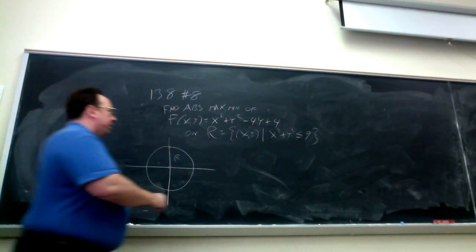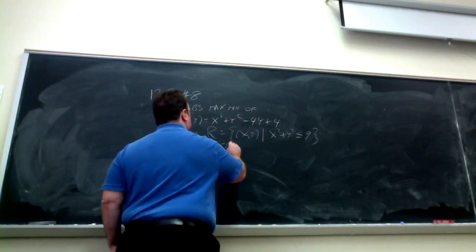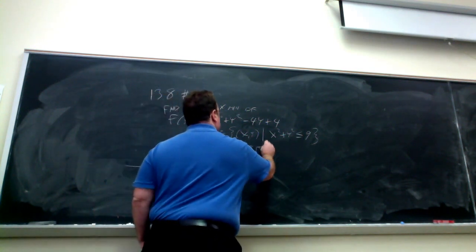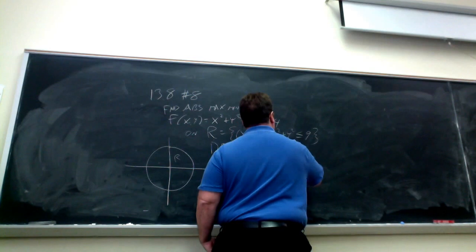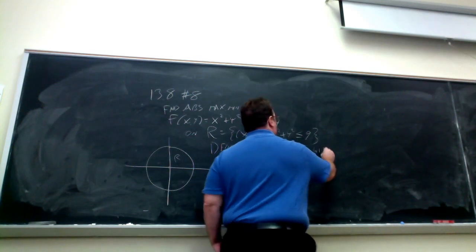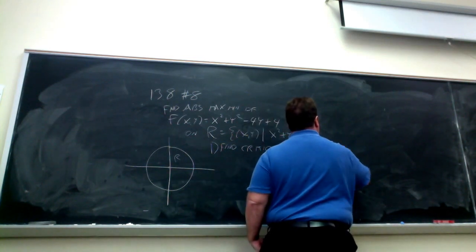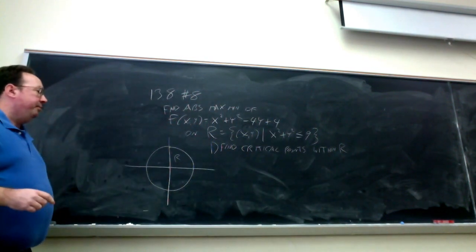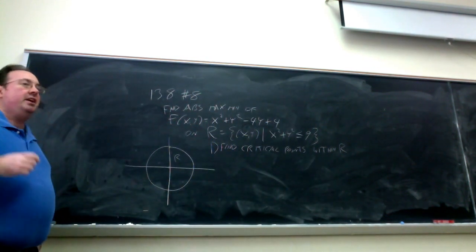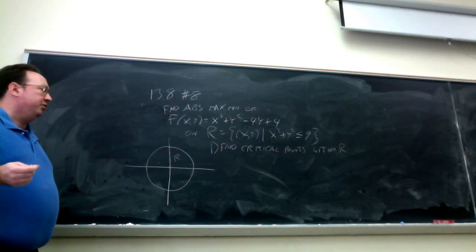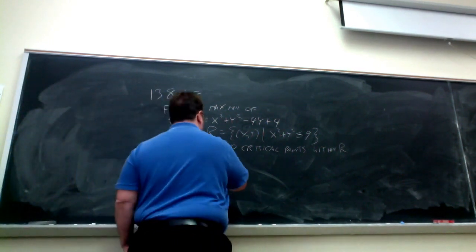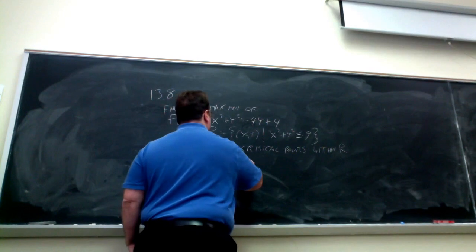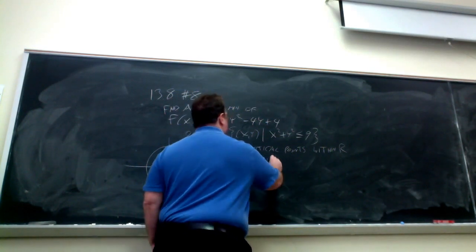So what you have to do is find critical points, and only the ones that are within R, so in the interior or on the boundary. That's where you could have a local max or min. And then the second thing is to check the boundary.